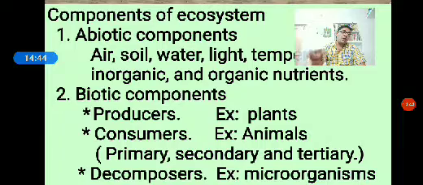From biotic components to abiotic components, then abiotic components to biotic components, some nutrients are able to cycle, able to move. That is called nutrient cycles. One thing here, biotic components depend upon abiotic components. How? Take plants.